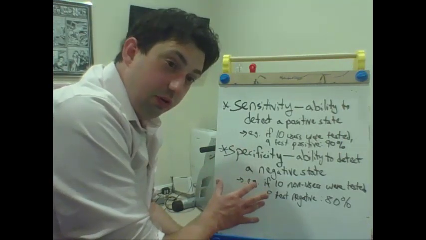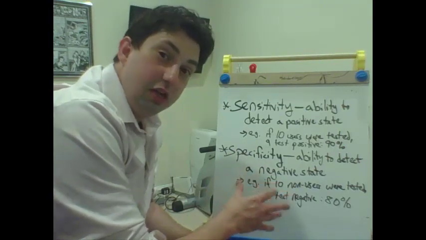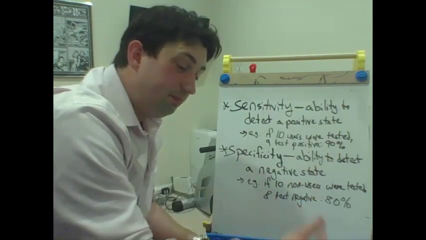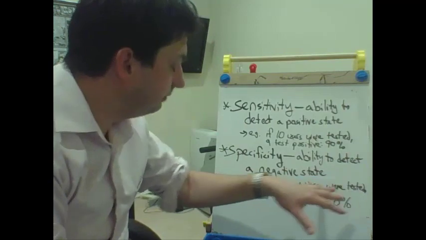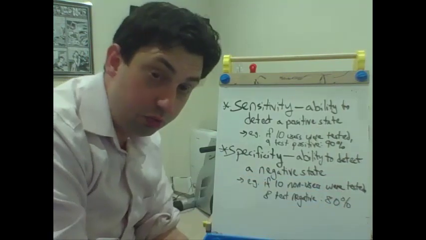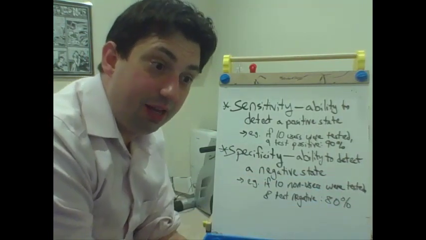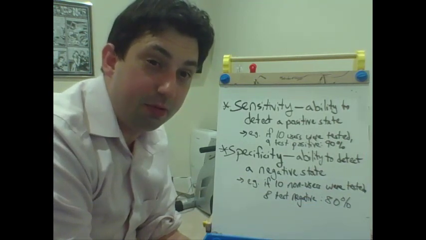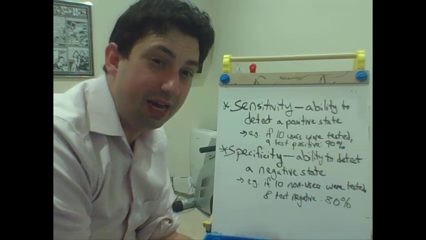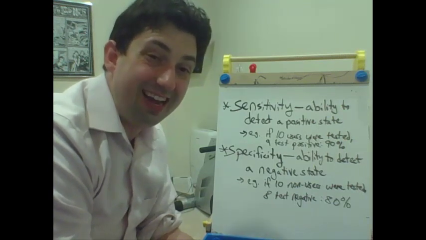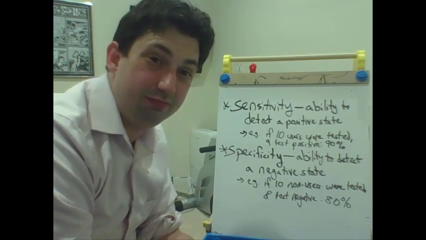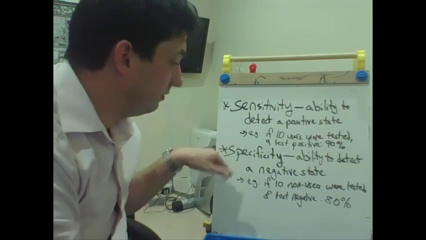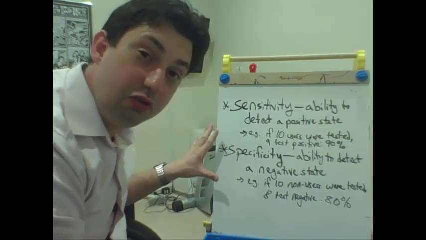The other measure of accuracy is specificity, the ability to detect a negative state. If we have 10 non-users walk into the room and the test comes back negative for 8 of them, then it's 80% specificity. Both of these are measures of accuracy.